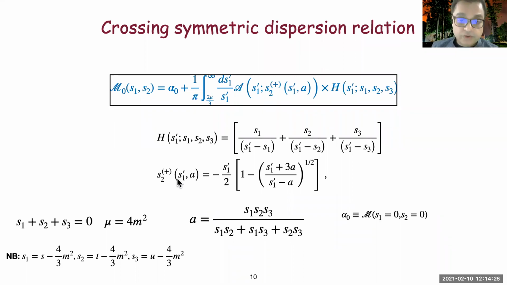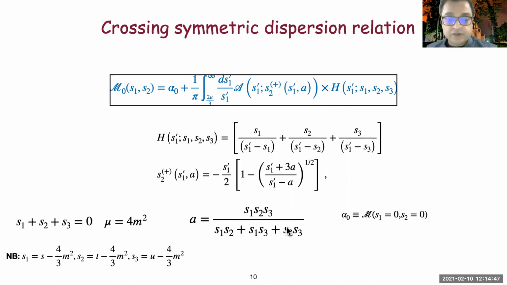I will explain later on how this comes about. But this representation is manifestly crossing symmetric because the kernel is manifestly crossing symmetric, and the only other way that S1, S2, S3 appears is through this combination A, which is a ratio of crossing symmetric combinations.